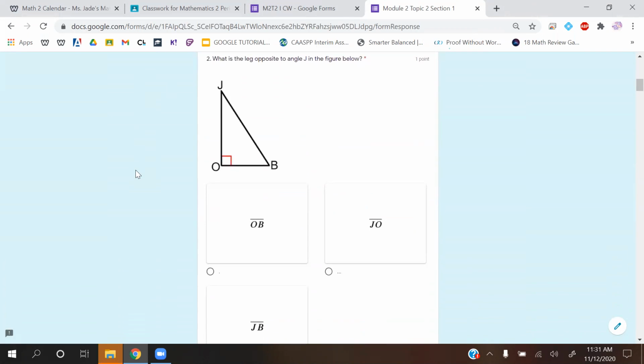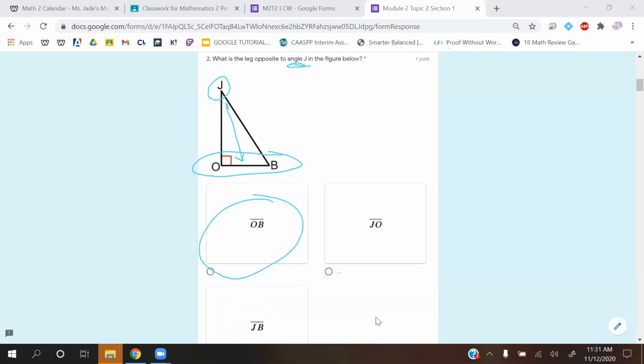Number 2 says, what is the leg opposite to angle J in the figure below? So here is angle J. And if we want to be opposite, you have to draw the arrow across. So you go all the way across the triangle. What is opposite to J is OB. So our answer is OB.